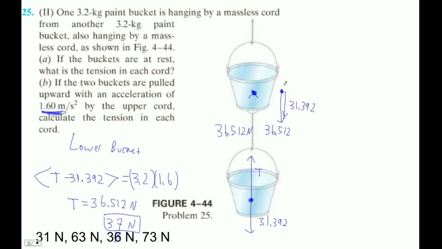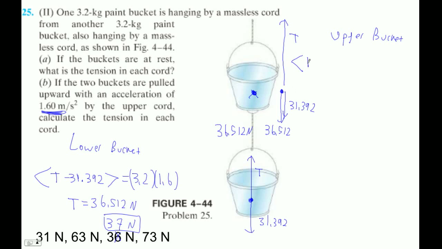And then there's also the tension upward, our T. So for the upper bucket we've got three forces. We've got the tension upward, we've got the force of gravity downward, and we've got the tension of the lower cord. So there's actually 1, 2, and then gravity is the third force.